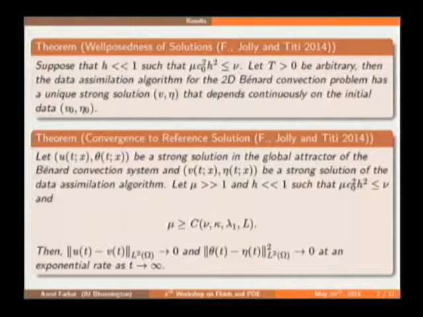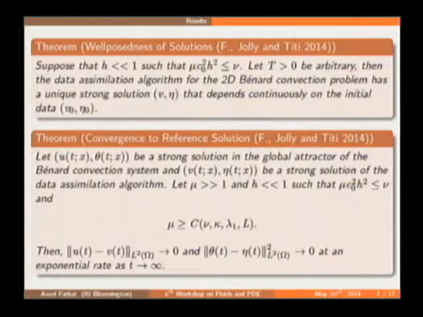And from there, we say, okay, suppose that I have the solution U and theta, the solution on the global attractor for the Bénard convection. So this is my reference solution. And let's take this solution, V eta, of my data assimilation algorithm.